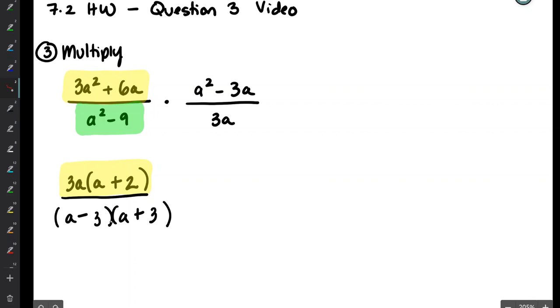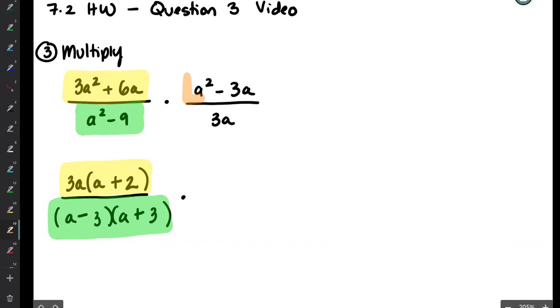It doesn't matter which one you do because order does not matter in multiplication. If you are rusty on that difference of perfect squares factoring pattern, I want you to go ahead and multiply this out and see that when you combine like terms, you do end up with a squared minus 9.